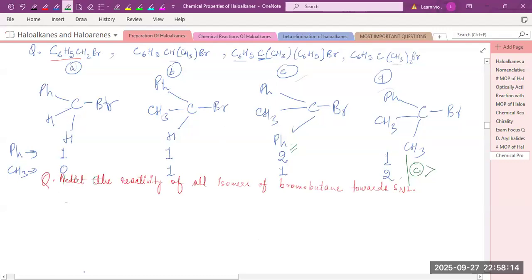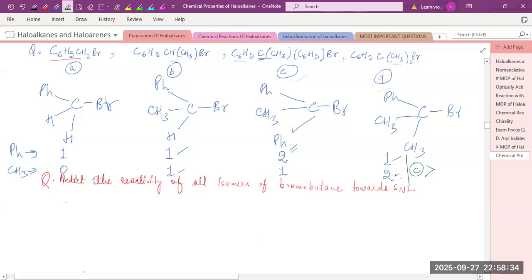Don't be confused between B and D. B has only one phenyl ring and one methyl group, and D has one phenyl but two methyl groups.